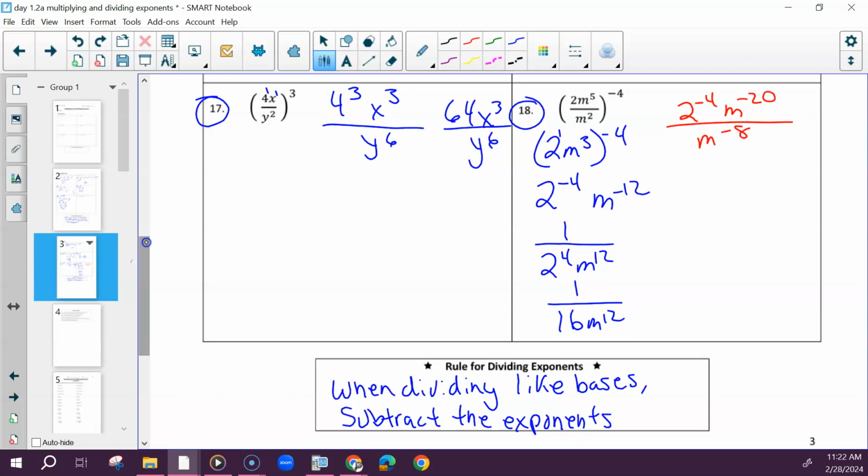And then simplified the m's, or subtracted our exponents. Negative 20 minus a negative 8 would give me negative 12. This is negative 20 minus a negative 8, not negative 20 minus 8. And then we see we're at the same stage, so the rest would be the same. So either way, that works. Questions about that one?